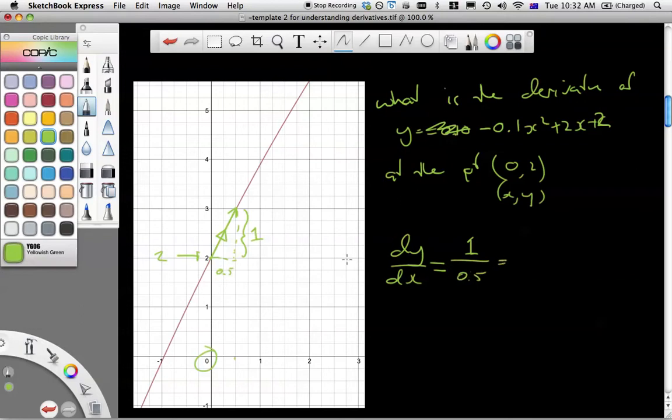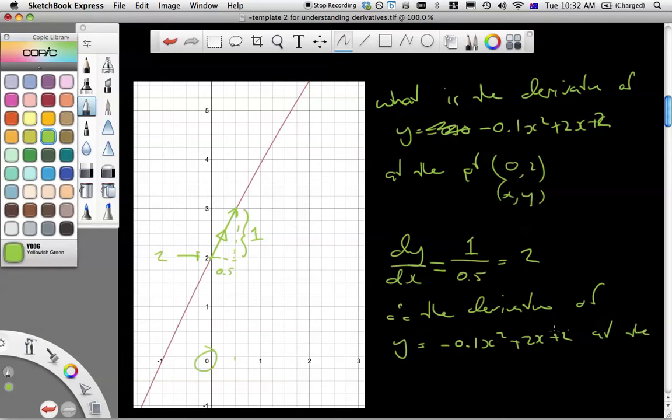So we have 1 divided by a half, and we have 2. So we can say, therefore, the derivative of y equals negative 0.1x squared plus 2x plus 2 at the point (0, 2) is equal to 2.